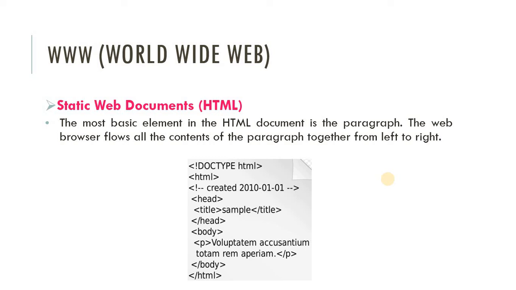Suppose I want to find out what the World Wide Web is. The answer to that question is written text, and that text is written in a paragraph. This is the very common structure of an HTML page, and this is how a static HTML page is created.